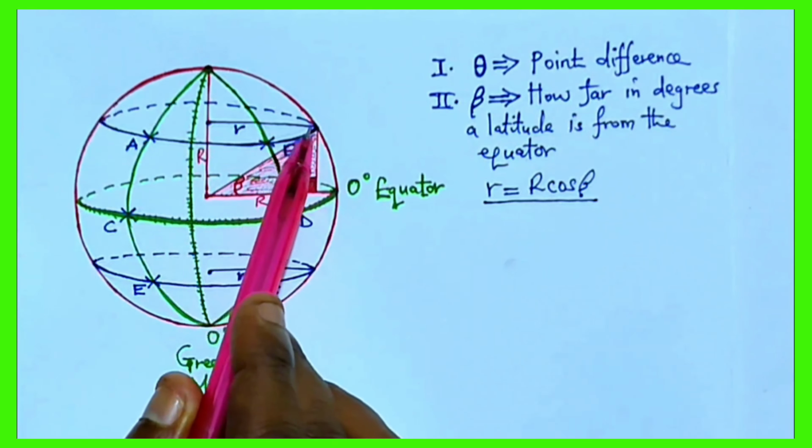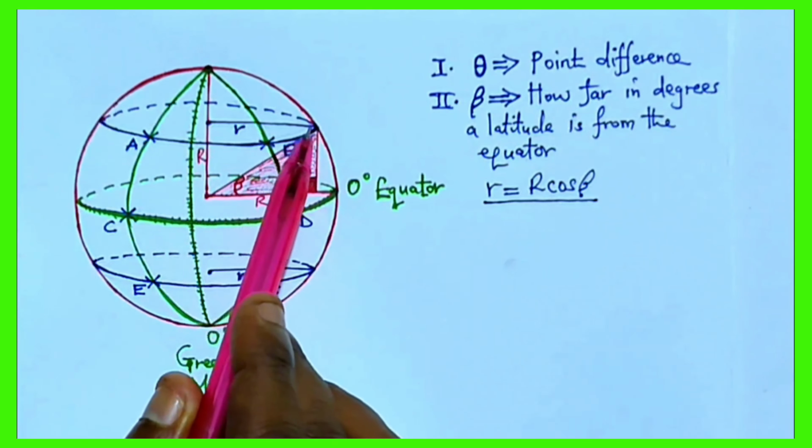So when I say that angle beta is how far a latitude is from the equator, I'm talking about that angle that is formed. From where the equator is, to where the latitude is, that is the angle that is formed. So I can capture with an arrow in that direction.